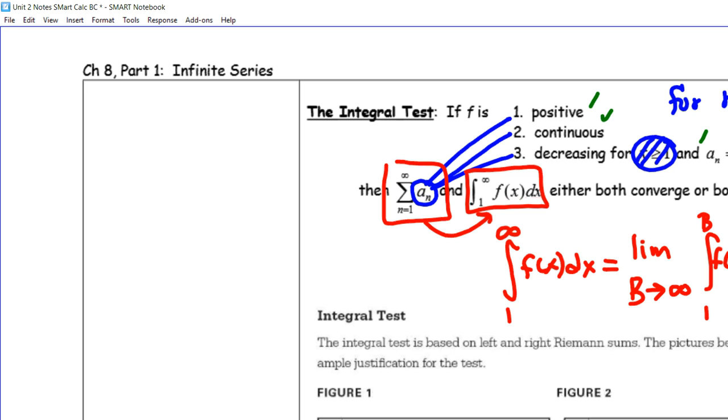Does that mean that this equals 8? No. Okay? It just means that they are both convergent. That's all. It doesn't tell us what the sum is. Okay? It could be 8. It could be 100. Good? Okay, so that's the integral test.